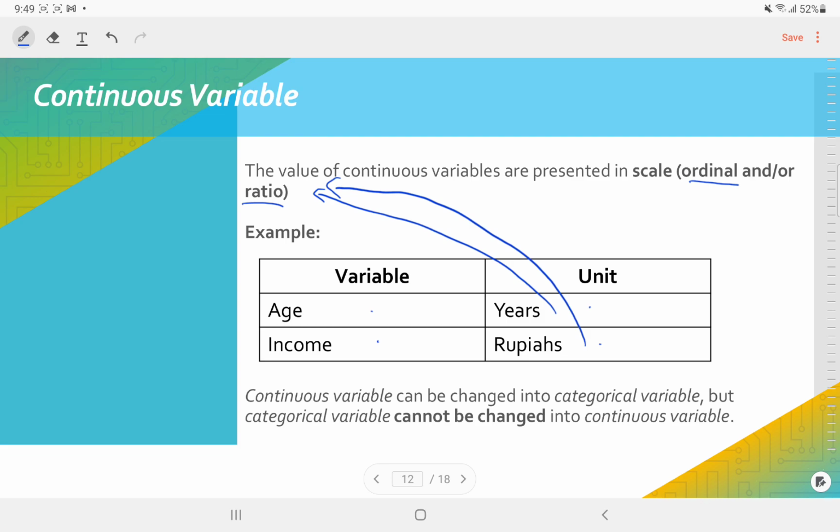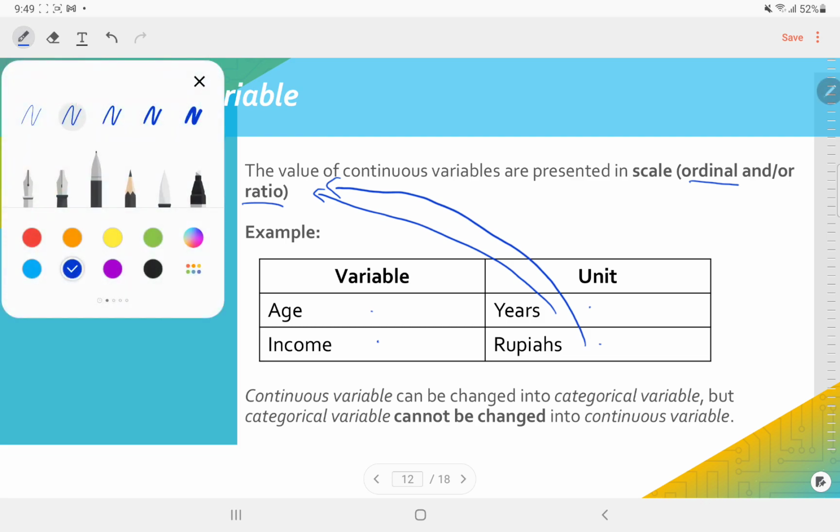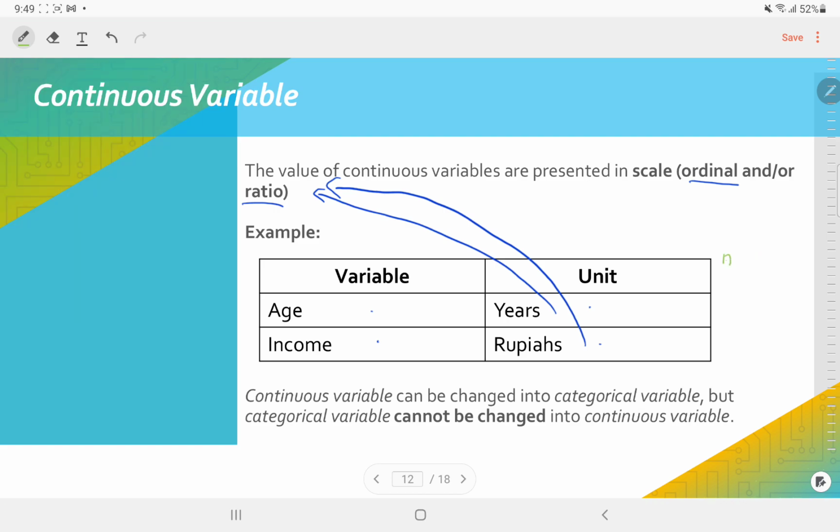But we can also have the ordinal one. For example, age. How can we have ordinal data? If you are talking about age, and you change the unit of measurement, for example, 30 to 70, 31 to 60, and above 60, it means that this kind of data is ordinal data. Why?